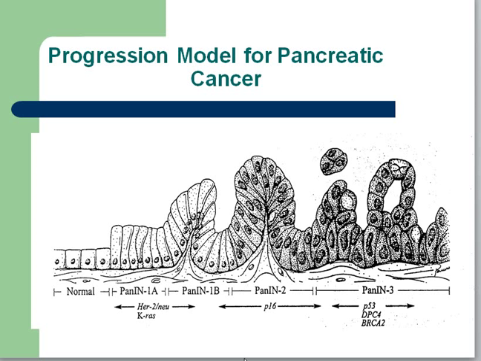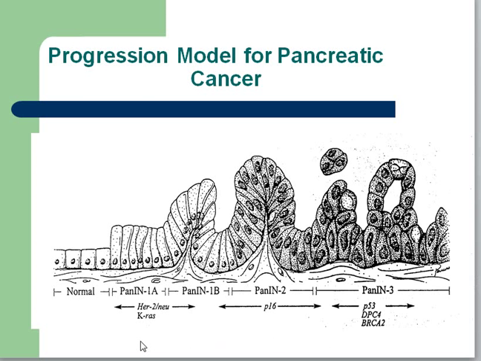So the progression model for pancreatic cancer basically states that it's a combination of the oncogenes and tumor suppressor gene inactivations that occur in a sequence and which leads ultimately for a normal cell to become dysplastic, then carcinoma in situ, and then invasive cancer.